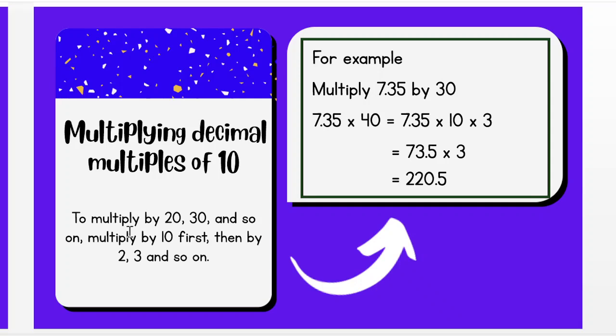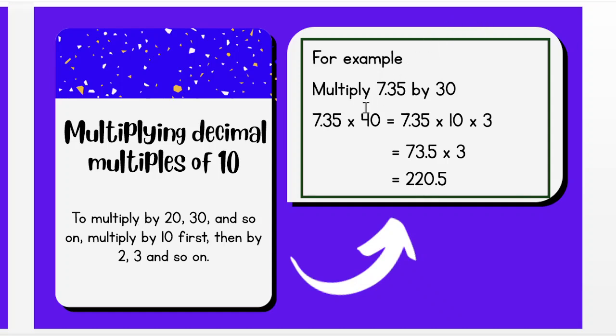That is 10, 20, 30, 40, 50. You'll be adding 10, 10, 10, 10, and it will continue like that. So what you're going to do is multiply by 10 first, then by 2, 3, or 4. It depends on the multiple of 10 you have there.